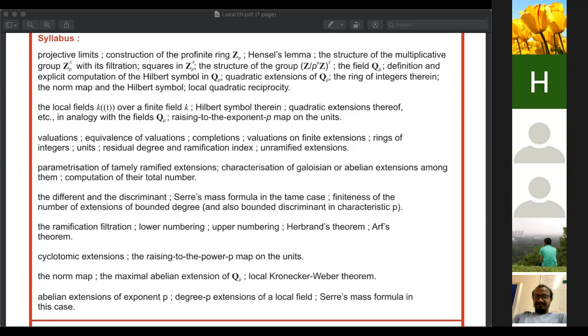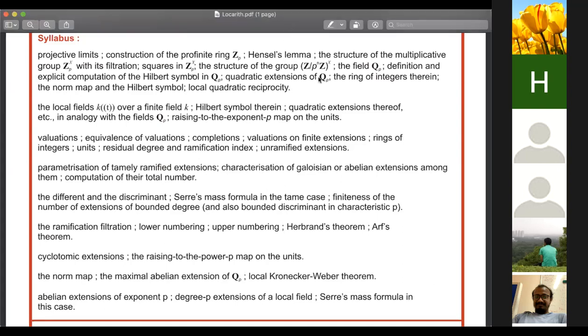The second question is, what is the Galois group of this compositum over the base field? And the third question is, how does the Galois group act on these generators?